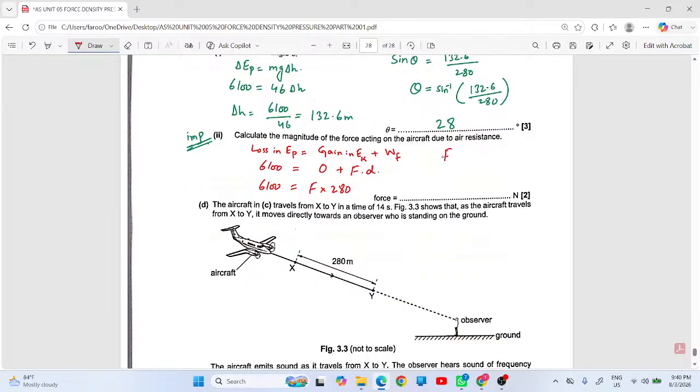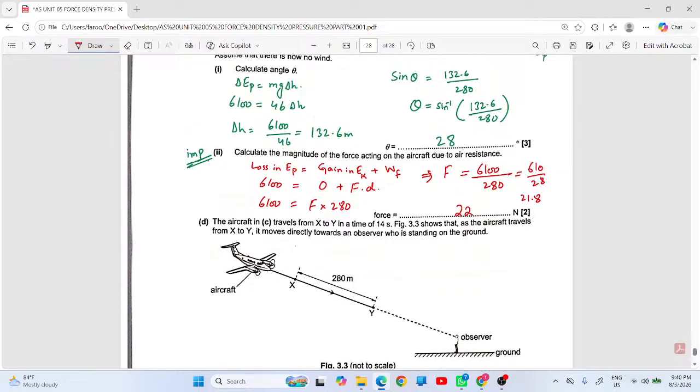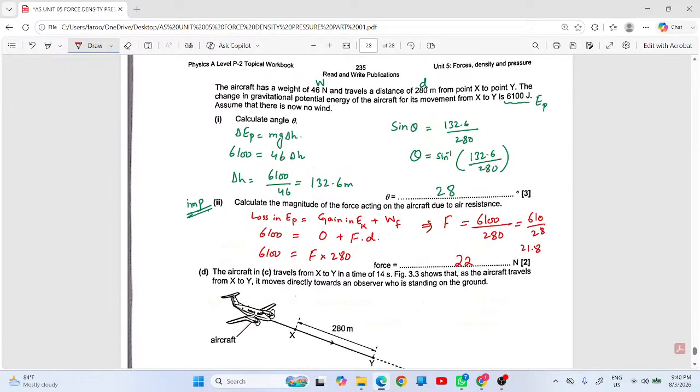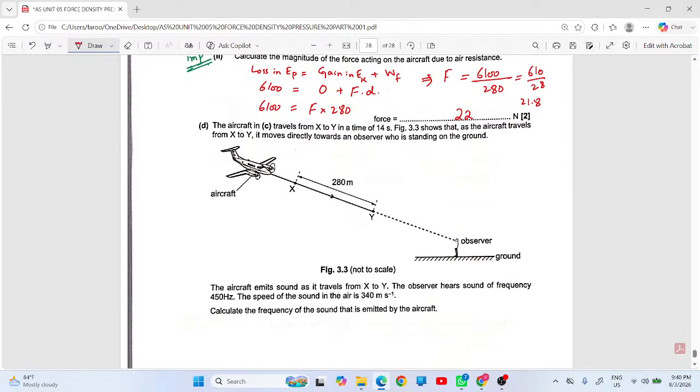So force equals 6100 over 280, so 610 over 28, 21.8. So 22 Newton. तो इसमें important क्या था कि there is no gain or change in the kinetic energy.